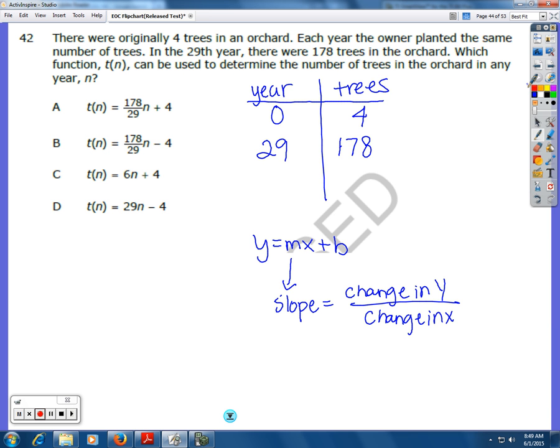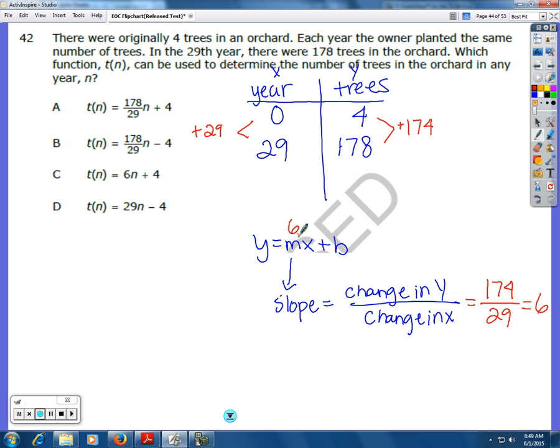All right, if we look at the change in y, okay, so from 4 to 178, it increases by 174. And then if you look at the change in x from 0 to 29, that's a 29 increase. Okay, so our change in y is 174 divided by our change in x, which is 29. Okay, 174 divided by 29 gives us 6. So that means our slope is 6.